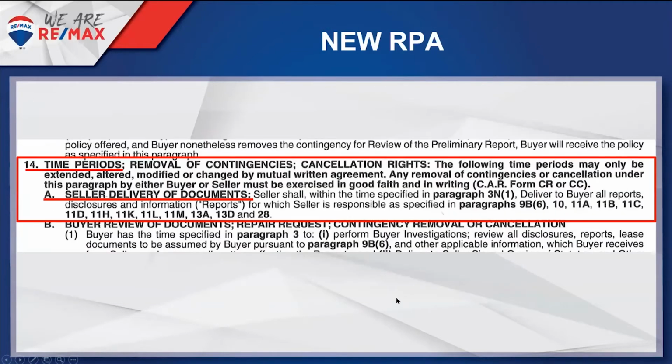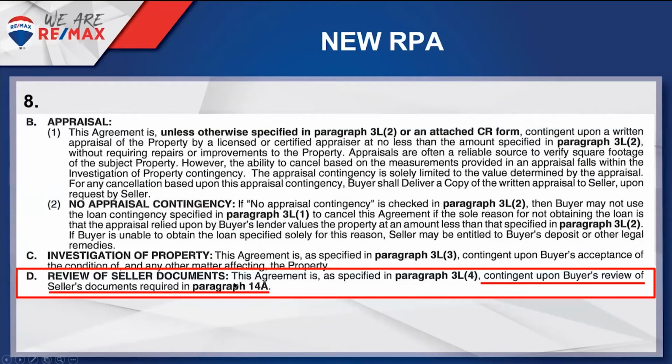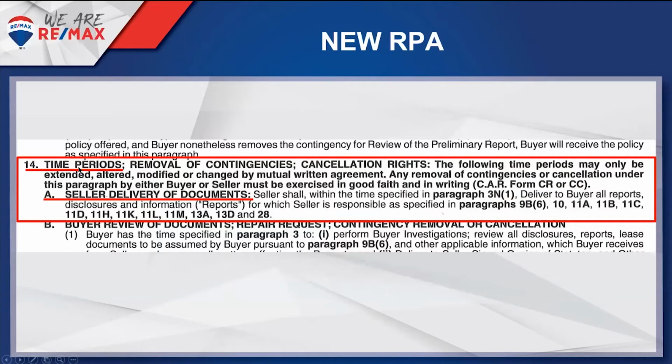So this new contract breaks up some of these contingencies. Like in the past, seller documents was part of the investigation contingency. Now it's a unique contingency. Okay, so review of seller documents is contingent upon the buyer's review of seller documents as required in 14A.